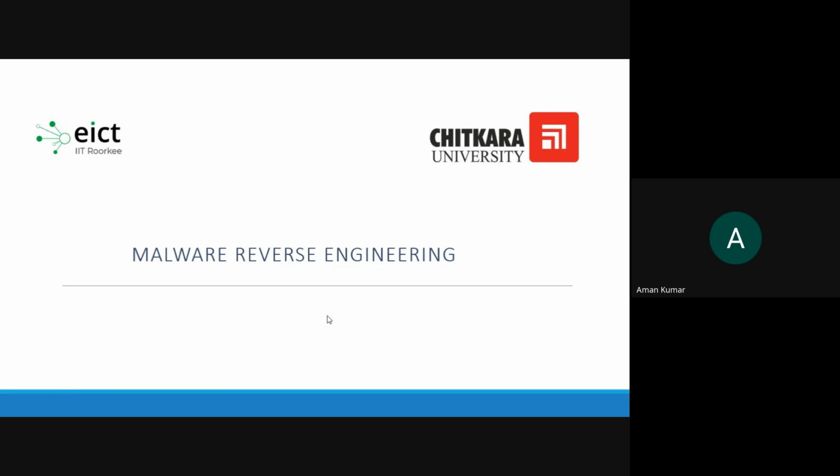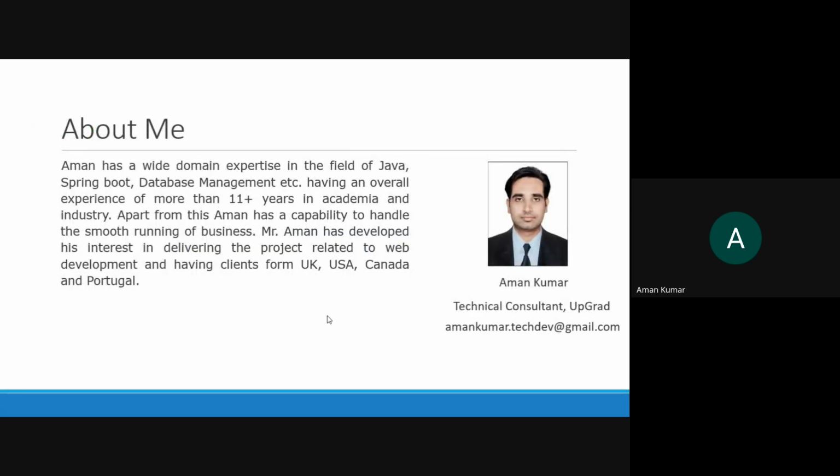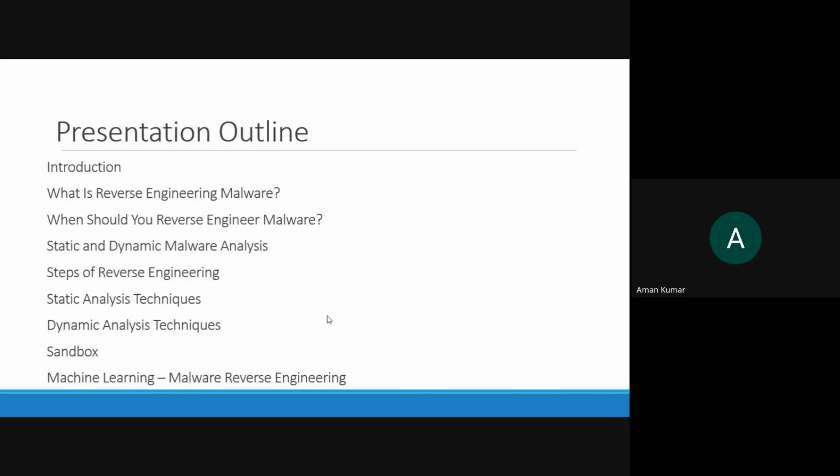Starting with the presentation outline, first we'll understand the introduction, and thereafter the reverse engineering of malware. We already have an idea of the static and dynamic types of malware analysis we can perform.